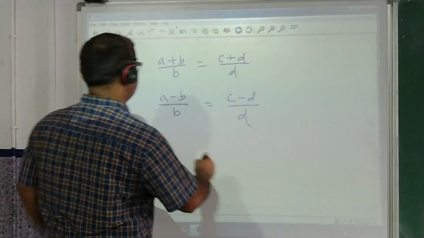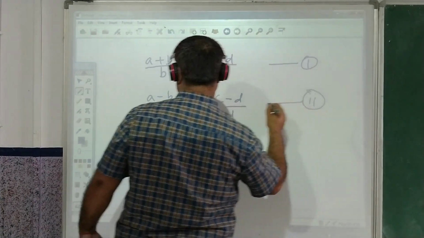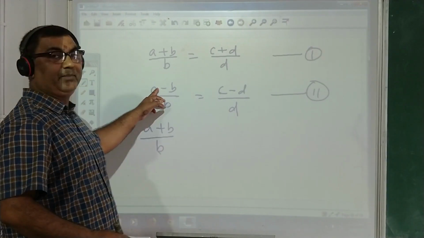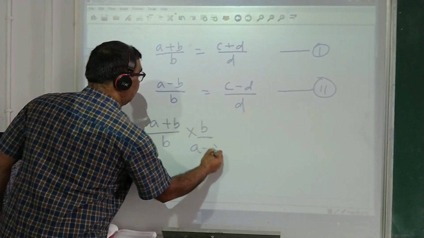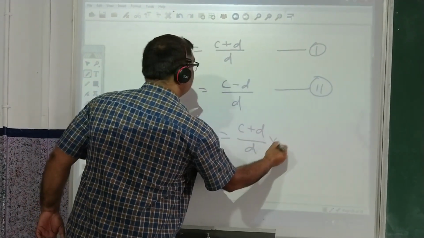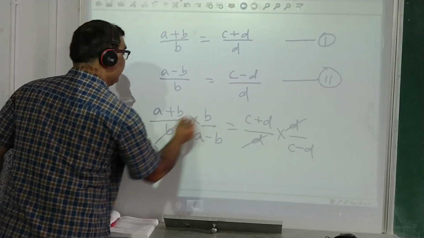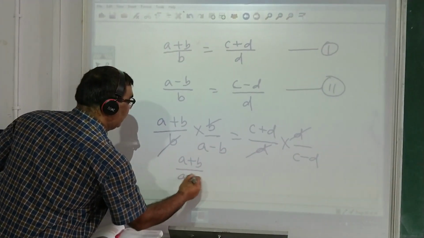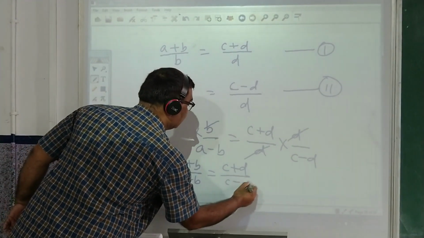So this divided by this, first divided by second. So the result is (a plus b) by b divided by this, so multiplied by the reciprocal: b by (a minus b) is equal to (c plus d) by d into d by (c minus d). D cancels, d cancels. So what is left? (a plus b) by (a minus b) is equal to (c plus d) by (c minus d).